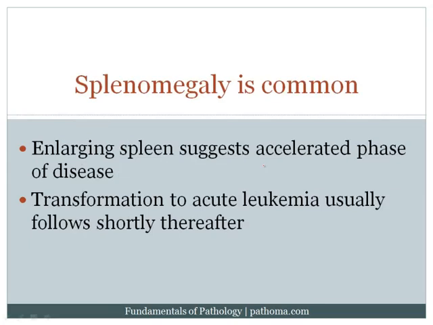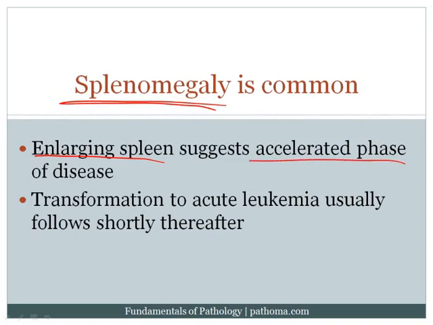In these patients, splenomegaly is common. In fact, you can divide CML into three phases. There's the chronic phase, the accelerated phase, and then finally the transformation phase where they develop acute leukemia. Now, in the chronic phase, they have an enlarged spleen, and that's common. If there is an enlarging spleen, that is that the spleen is actually becoming bigger, then that is a marker of the accelerated phase, indicating that the patient's disease is getting worse.